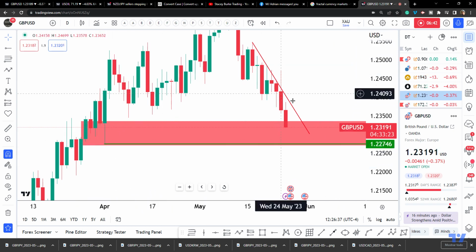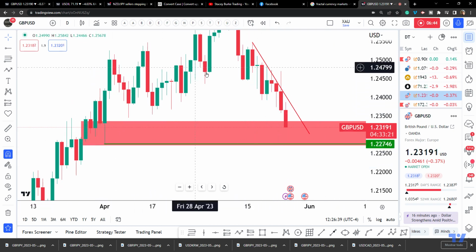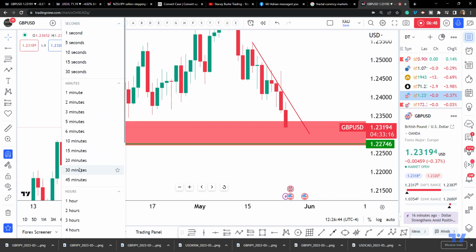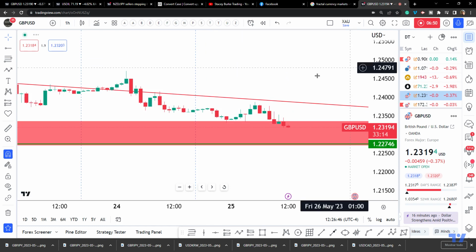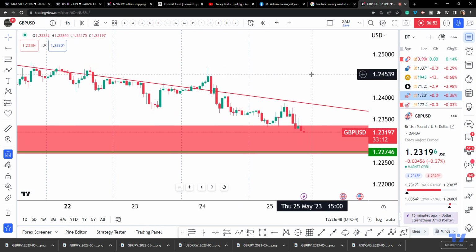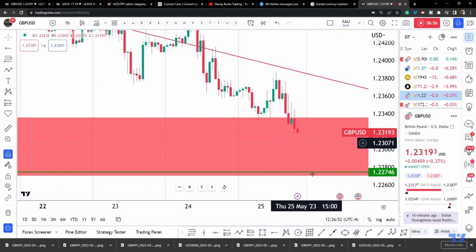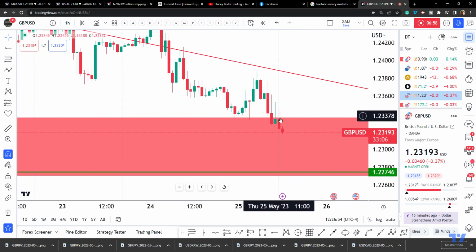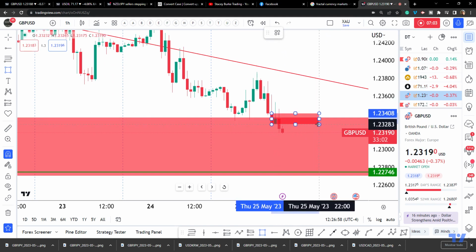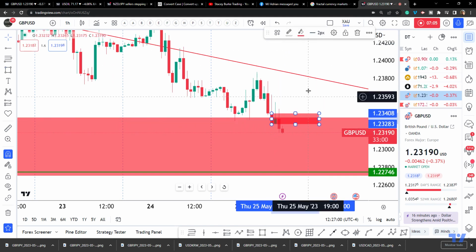Based on our daily time frame analysis, our higher time frame analysis, as a day trader you might be trading on the 1 hour or the 15, right? But on the 1 hour, the thesis is that this is coming lower, and we can see that this might be resistance here, this green candle.